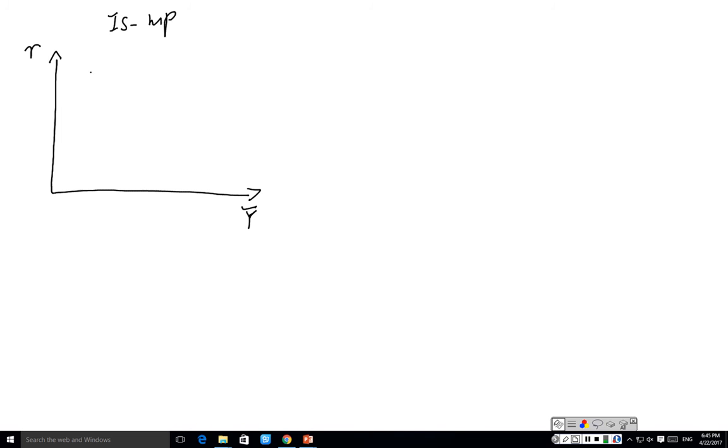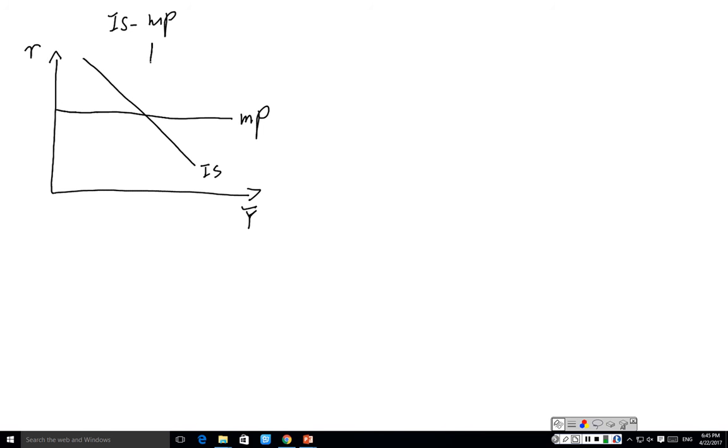We know the IS curve shows a negative relationship between the real interest rate and the output. The IS curve is a downward sloping curve. And we know the MP curve is a horizontal curve. It shows the interest rate controlled by the Federal Reserve.